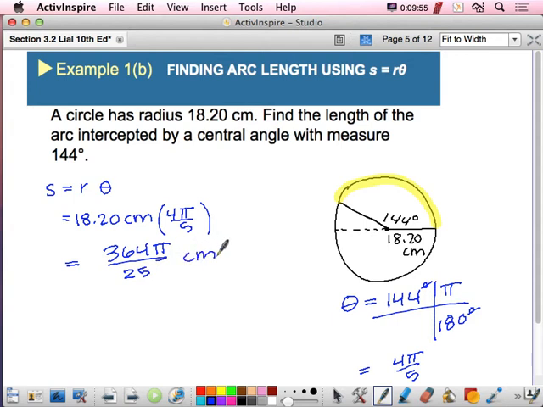It's probably what you would see on a standardized test. However, I am going to find it approximately and round to 4. No, in this case, not 4. How many significant digits? Just 3, yeah. This one has 4, but this one only has 3. So we'll go to 3 significant digits for this one. So let's turn that into an actual decimal.